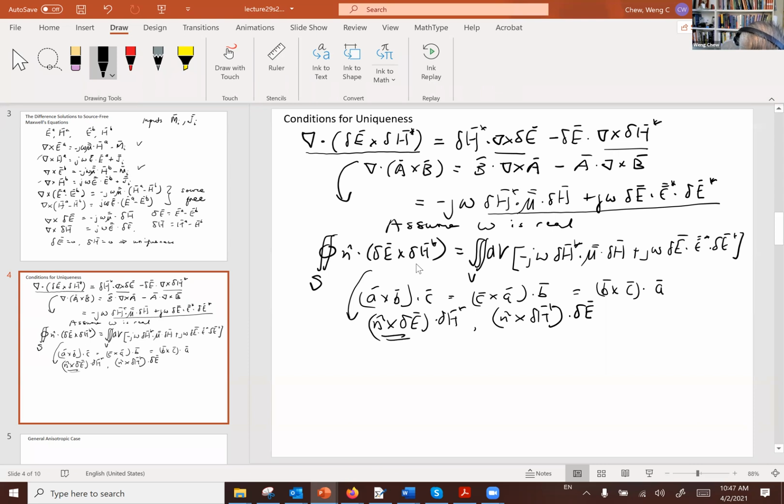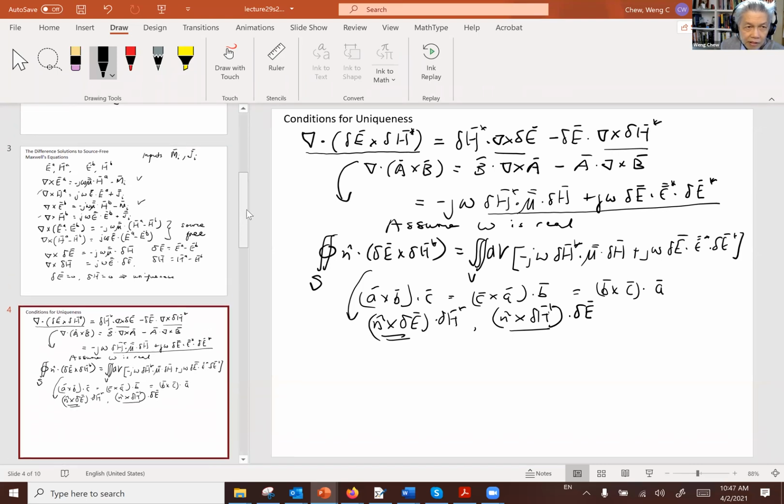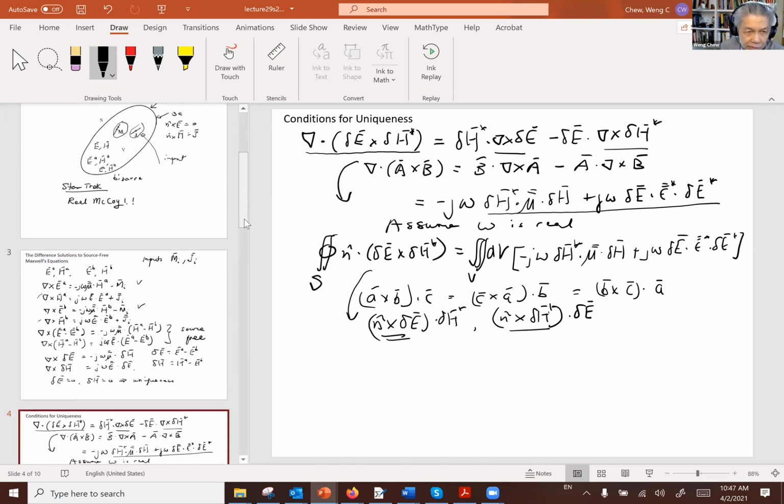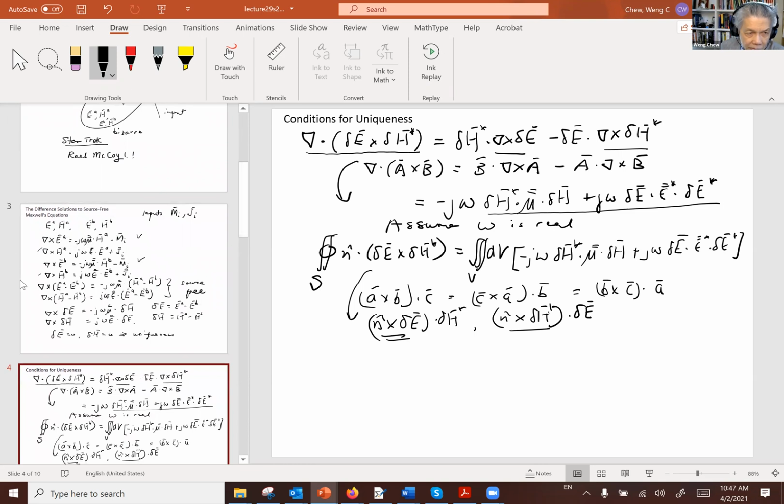So this n cross delta E and n cross delta H ring a bell. They ring a bell because if the E fields are to satisfy a prescribed boundary condition, like this is a PEC boundary condition, then the two solutions that we have put into these equations, both of them, EA and EB respectively, have to satisfy the prescribed boundary condition.